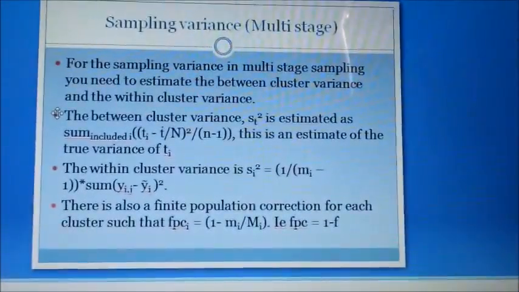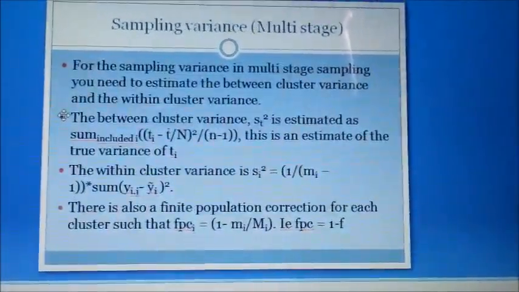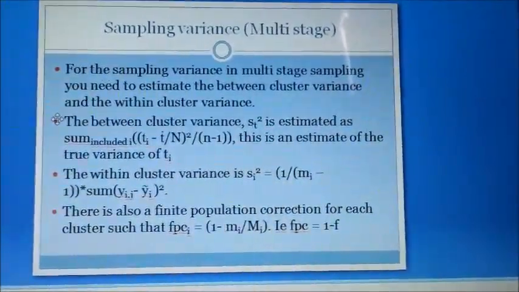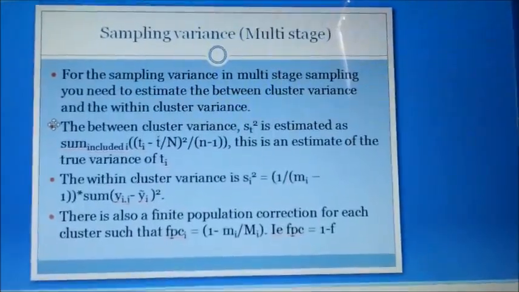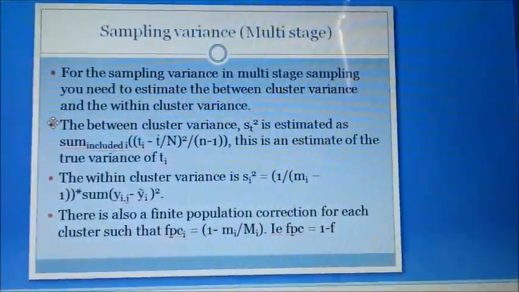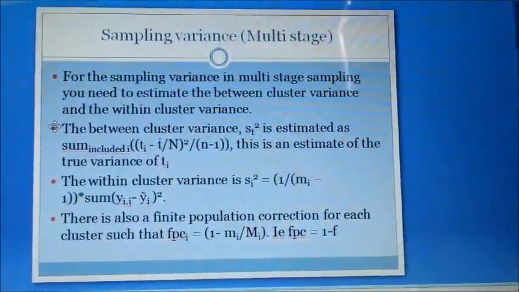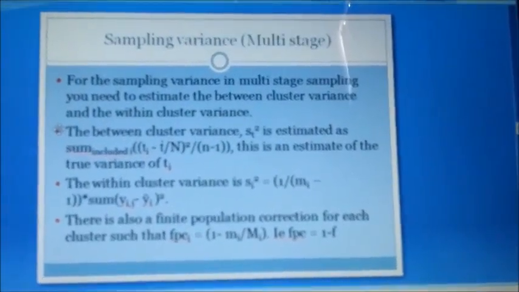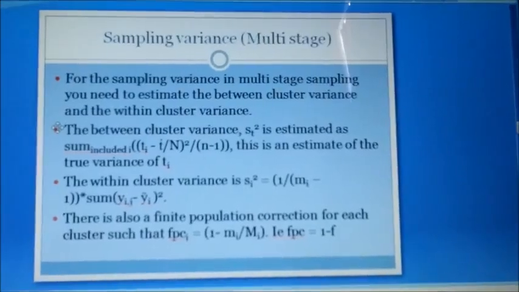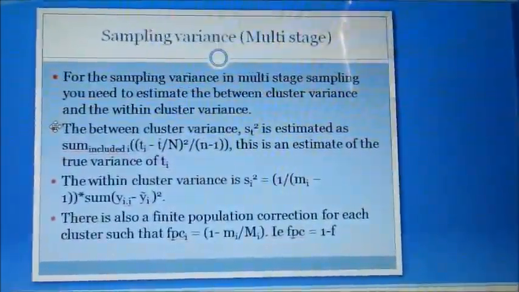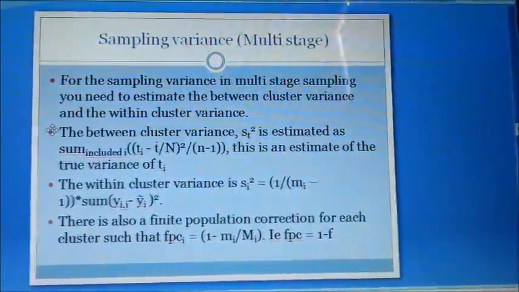So for multi-stage sampling, you will need to estimate the between cluster variance and the within cluster variance. So the between cluster variance, lowercase s t squared, is estimated as the sum of all clusters included in I of Ti bar minus T dot on N, all squared, and then this is divided by n minus 1. This is also an estimate of the true variance of Ti.